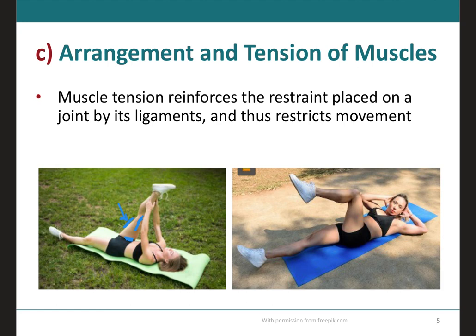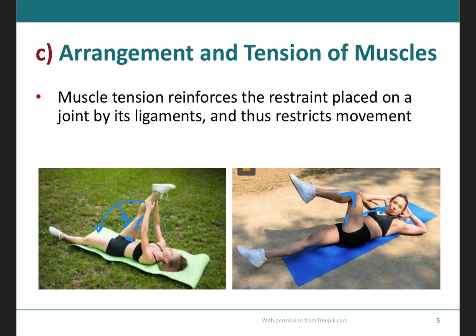So most of us can't raise a straightened leg more than a 90-degree angle from the floor. But if you flex your knee, the tension on the hamstring muscles is going to diminish, and the thigh can be raised farther, allowing you to raise your thigh to touch your chest, as seen in this image over here.